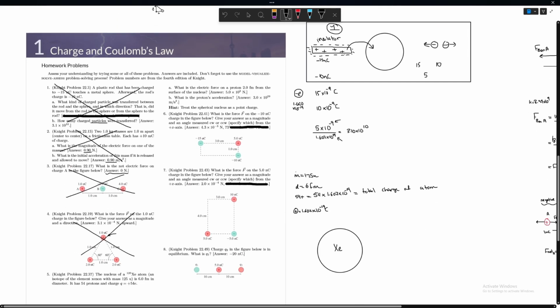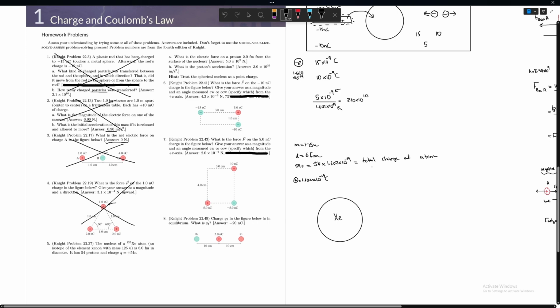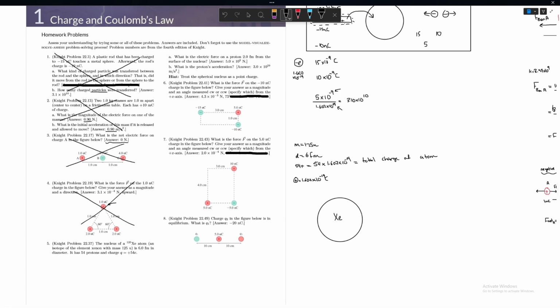What are they asking us? What is the electric force on a proton that is 2 centimeters from the surface of the nucleus? Assuming this is the surface of the nucleus, distance 2 equals 2 centimeters. So between here and our little proton is 2 centimeters, or D2.